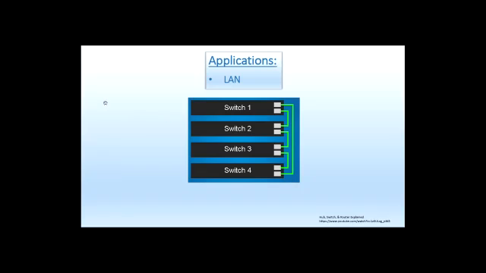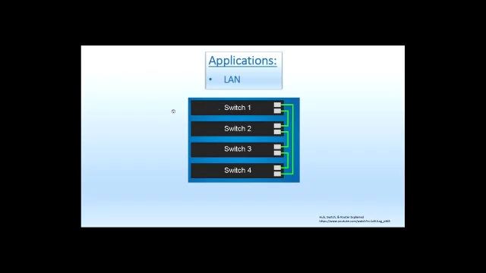Those have to be connected somewhere, and the switches are capable of a certain amount of ports. There are 8-port switches, 4-port switches, 12-port, 24-port, 48-port switches, depending on how many ports the switch is capable of accommodating, because every node has to be connected to a single port of a switch.